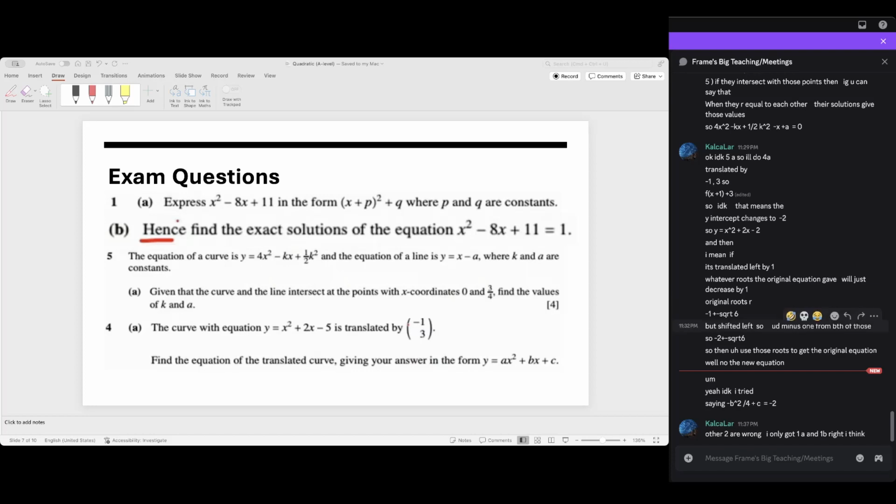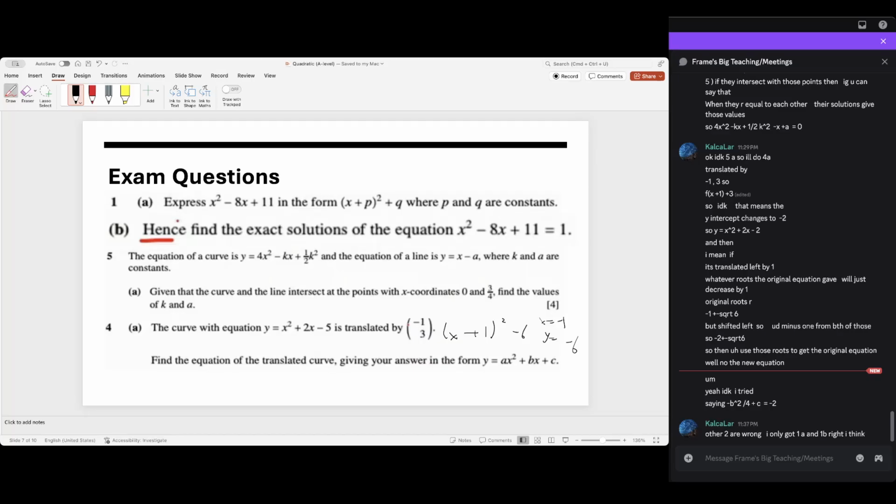minus 6. So we have x is equal to minus 1 and y, and when x is equal to minus 1 minus 1, minus 2, minus 1 is equal to minus x, translates by minus 1 3.